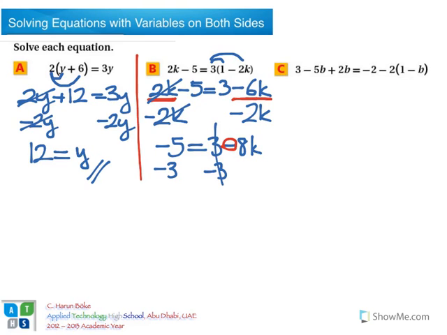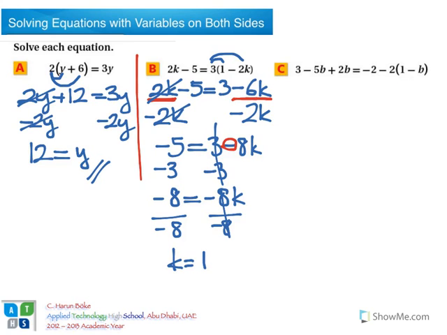I go like minus 5 minus 3 is minus 8 here, sorry, which is equal to minus 8k. When I divide both sides by minus 8, I leave k alone, and minus 8 divided by minus 8 is 1.